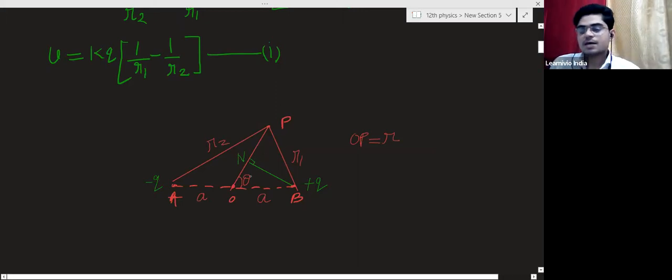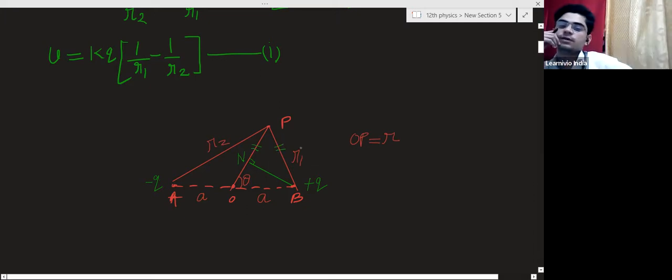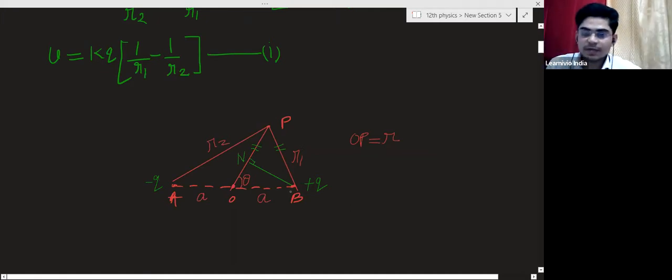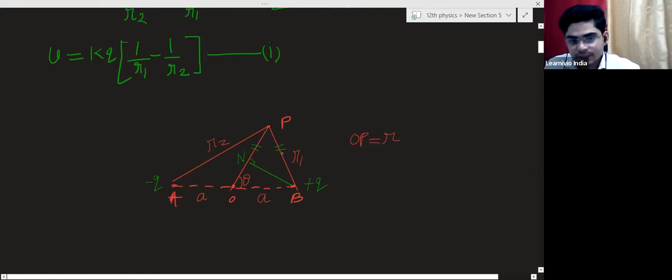So why have I drawn the perpendicular? Because I have to calculate the values of R1 and R2 in terms of A and theta. So this distance will become equal to this distance. This is the geometry. I have drawn the perpendicular so that this distance PV will become nearly equal to PN.